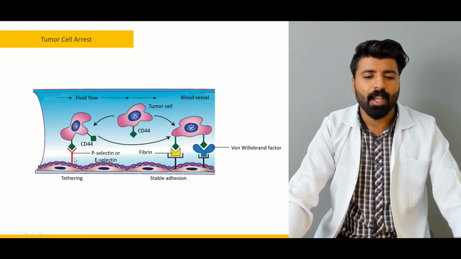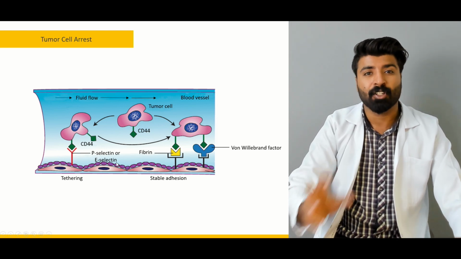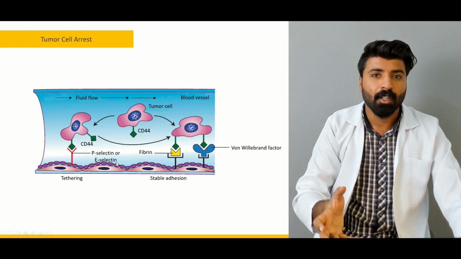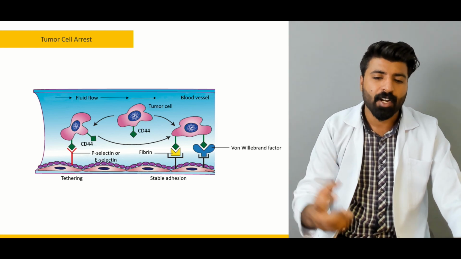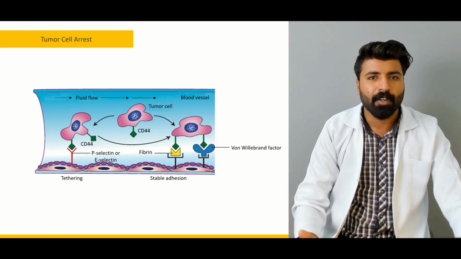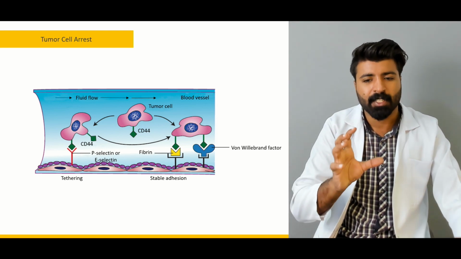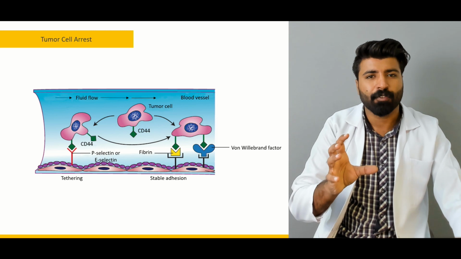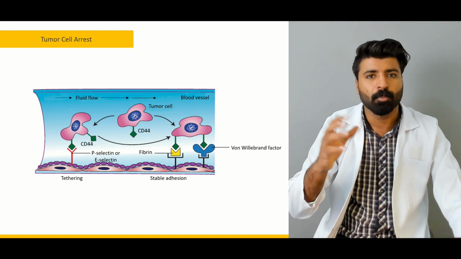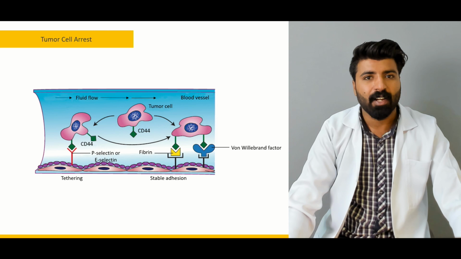When the tethering happened and P-selectin and E-selectin took it for tethering, they gave off the message and they attracted the fibrin and the von Willebrand factors. They came in, they attached, they gave a stable adhesion, they got the CD44 cell and won't let it move out. So this is tumor cell arrest.